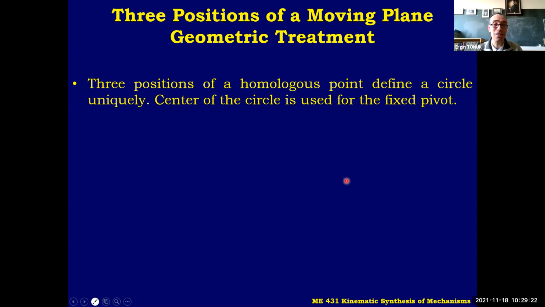So how come we can perform 4-position synthesis, even 5-position synthesis that I have shown you at the very beginning? We will see that, okay? But that's possible. However, 3 positions geometrically, it's straightforward. Select the homologous point, find its corresponding other 2 positions. It defines a circle uniquely whose center is unique.